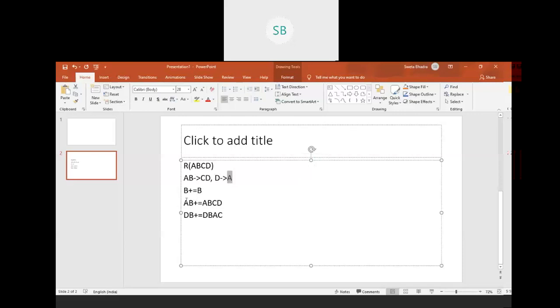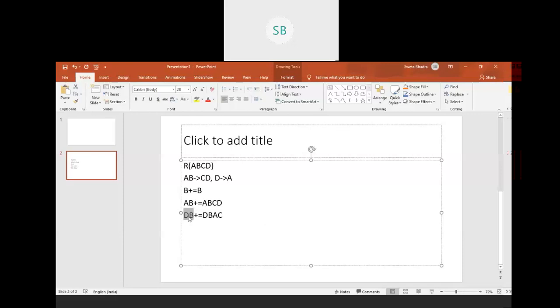So we find the DB closure. Sometimes it may not be a candidate key; it's not that it is always a candidate key. This is the process we go for.